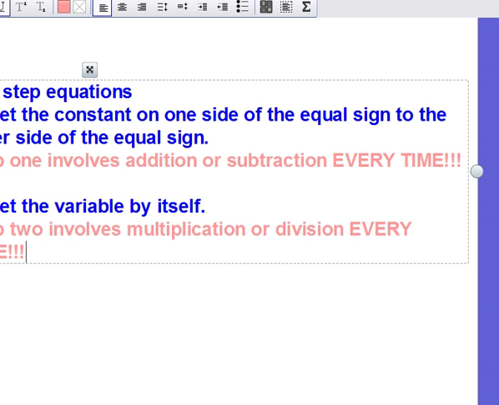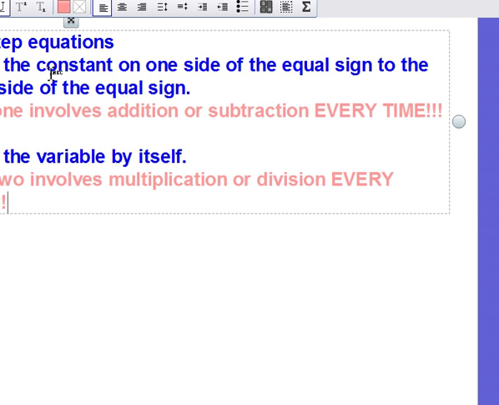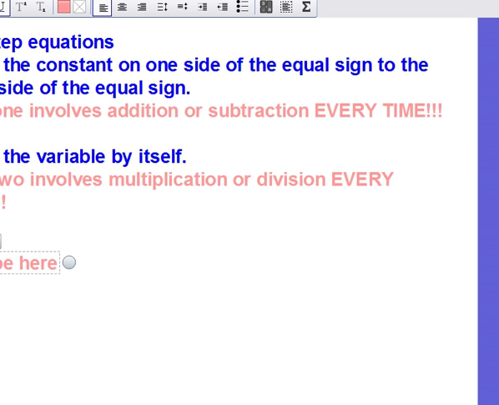Okay, so let's do a couple problems, and I'm going to write them on here, and then I'm going to solve them. So the first one is 3x plus 2 equals 11. Okay, I'm going to just write them all in here because I want to make sure.